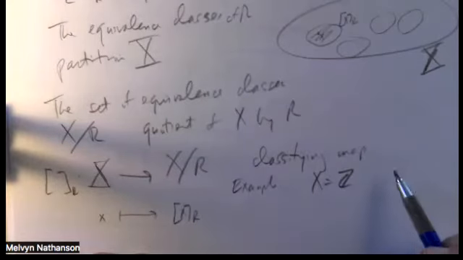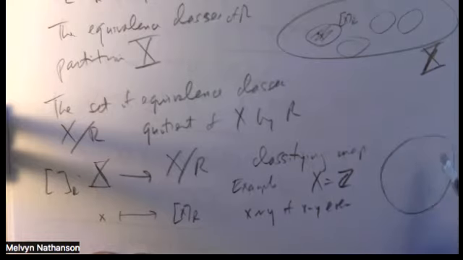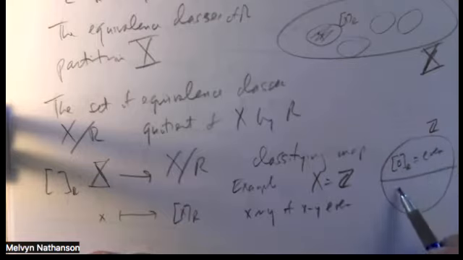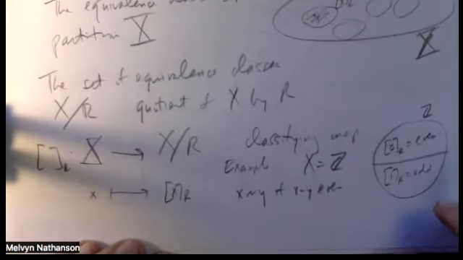So the simplest sort of non-trivial example is if you take X to be the integers, and we say that x is related to y if x minus y is even. So if you have the integers, the equivalence class of 0 is just all the even numbers. The equivalence class of 1 is all the odd numbers.